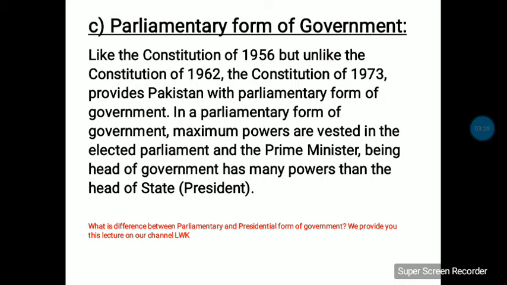In some other countries there is also the presidential form of government. For example, in the United Kingdom there is a parliamentary form of government. The United States of America contains the presidential form of government. Turkey contains the presidential form of government.